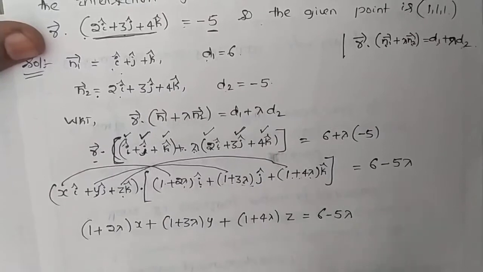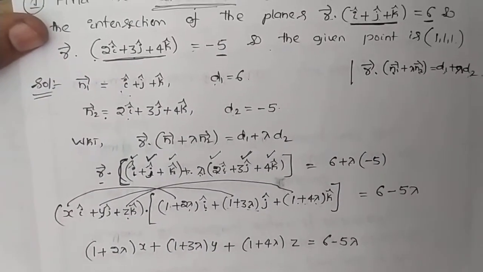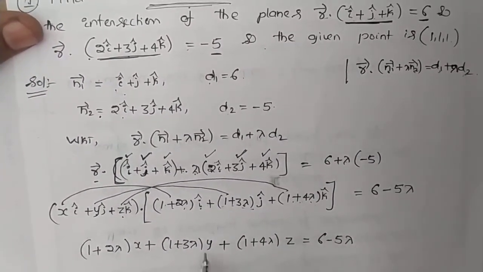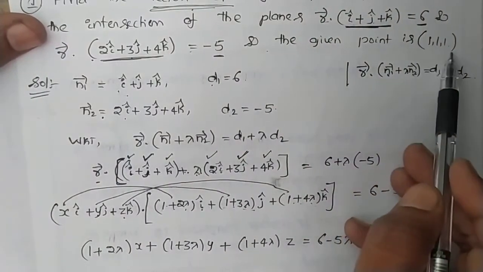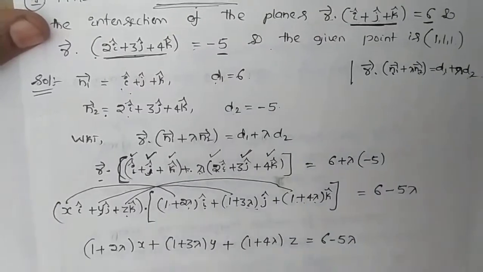Now you just observe the question. This plane is passing through the given point (1, 1, 1).